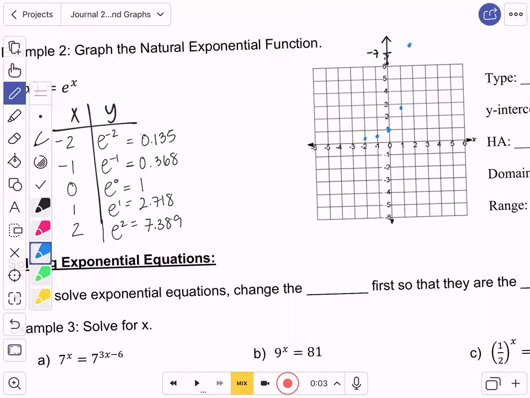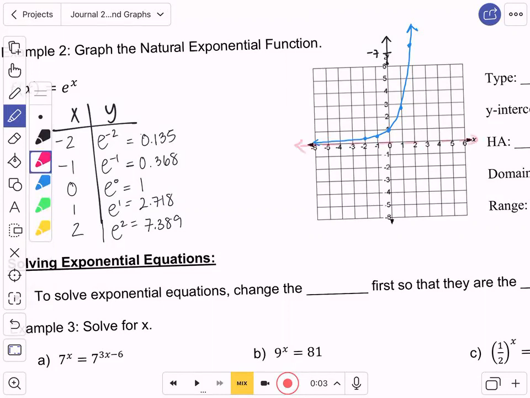If I were to graph this line, it's going to be shooting upwards, but this side is going to be slowing down. And turns out e also has an asymptote at y equals 0. It works the same way. If there's a vertical shift, then the horizontal asymptote will also shift along with it.